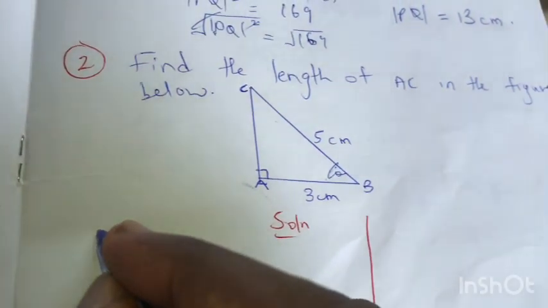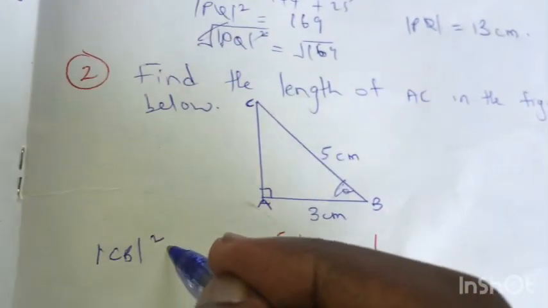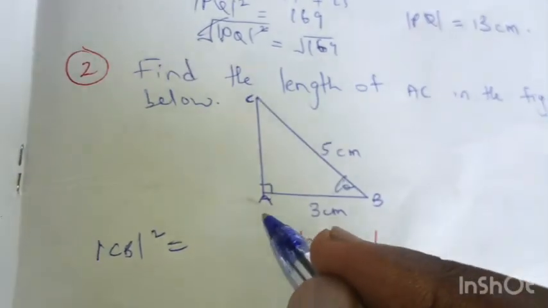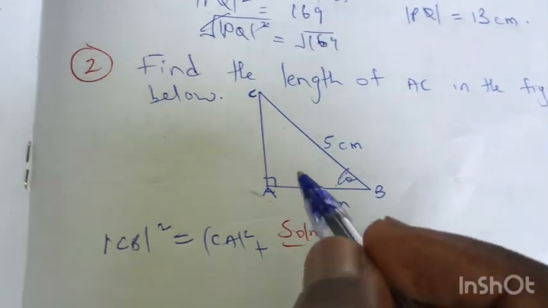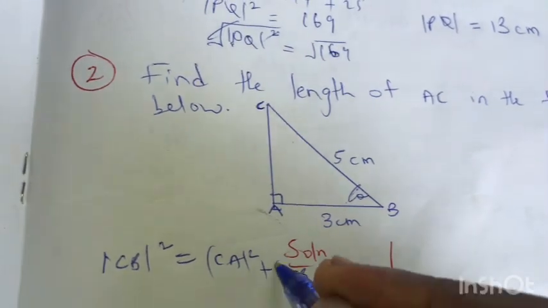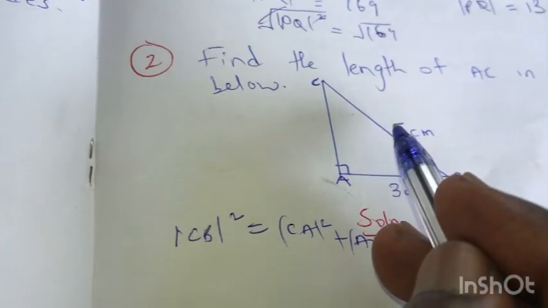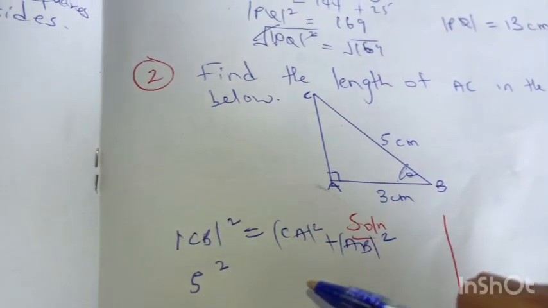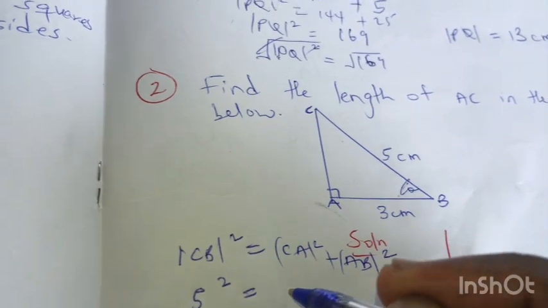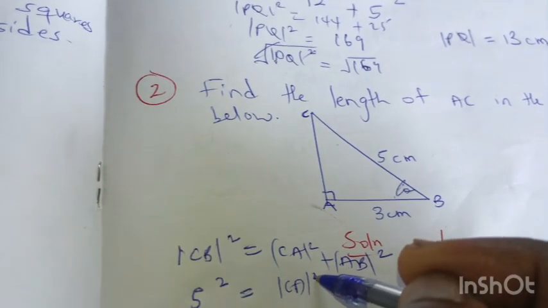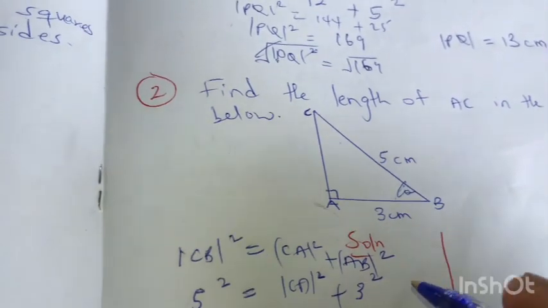So in Pythagoras theorem, the hypotenuse squared, CB squared, is equal to CA squared plus AB squared. CB is 5, so 5 squared is equal to CA squared, which we don't know, plus AB squared. AB is 3, so 3 squared.